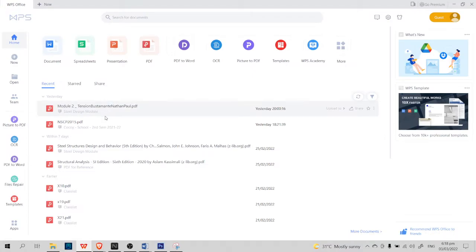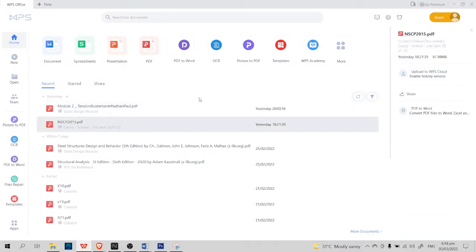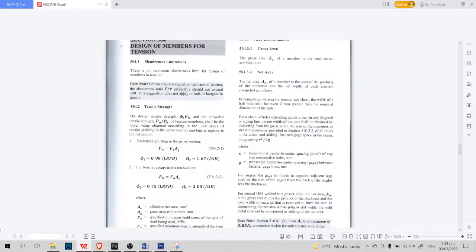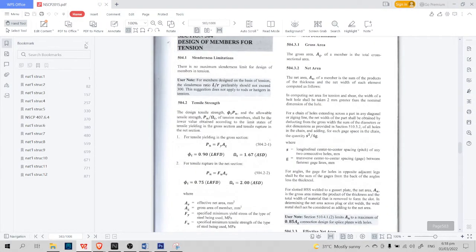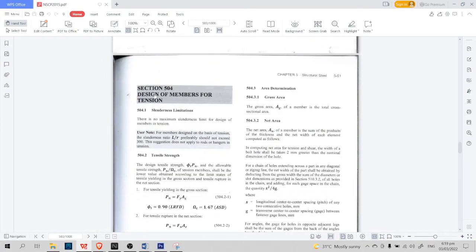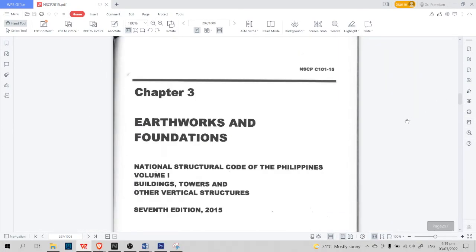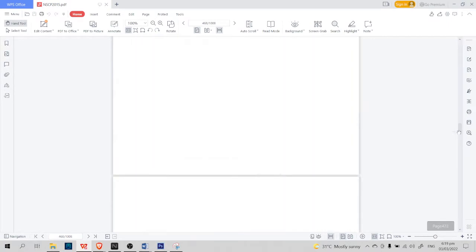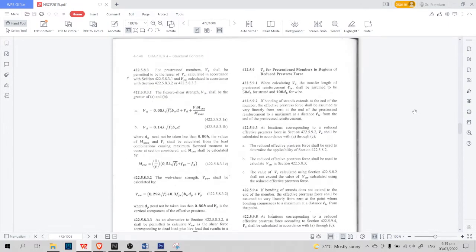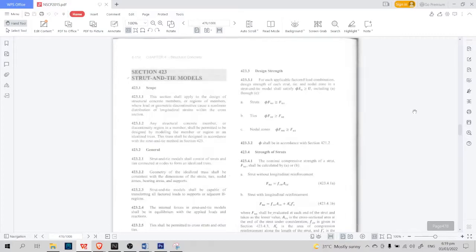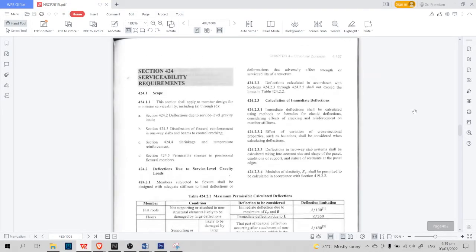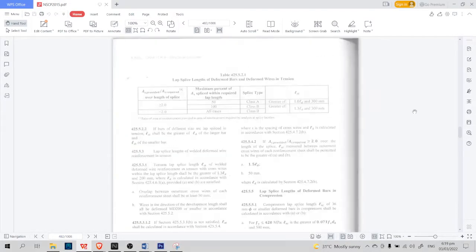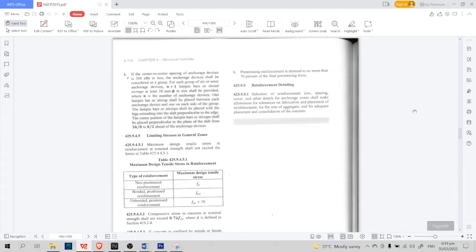Okay, so far sinong may tanong? Just open the NSCP PDF. Papakita ko sa inyo yung sinasabi kong minimum size ng concrete column.